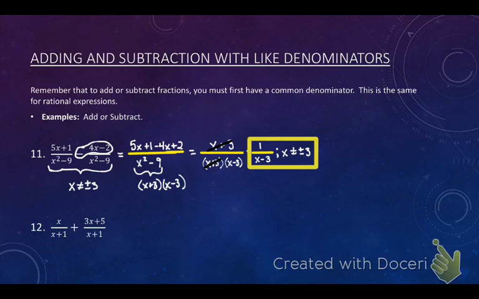Same way on 12. The only thing different here is that we're going to add. So before I start, what are my restrictions? What can x not be? Negative 1, right? Now, if you want to write it all together, I'm just going to go x plus 1.